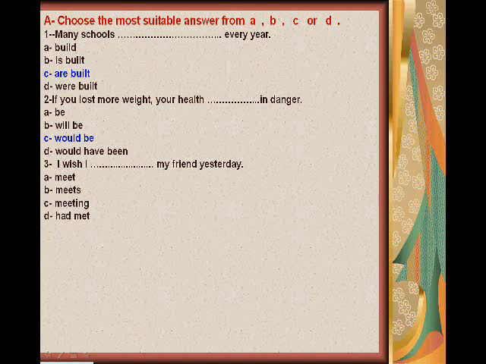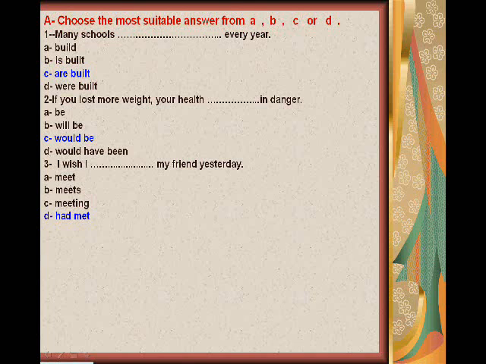Again, you can't say I meets. Completely wrong. Okay? What about meeting? Again, this is completely wrong. So which one is the correct answer? Even if you don't know that wish should take this type of tense, the correct answer is going to be had met.